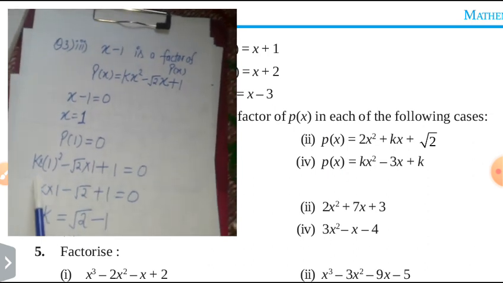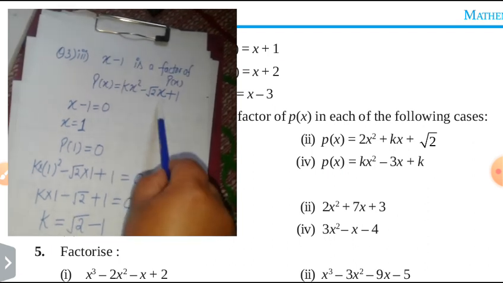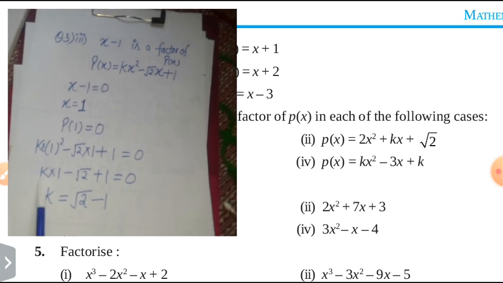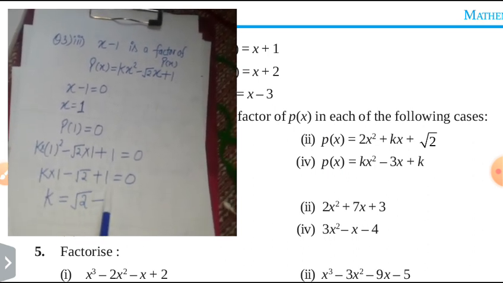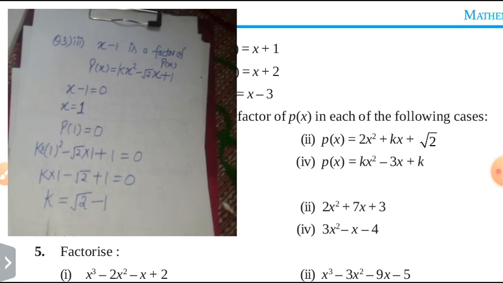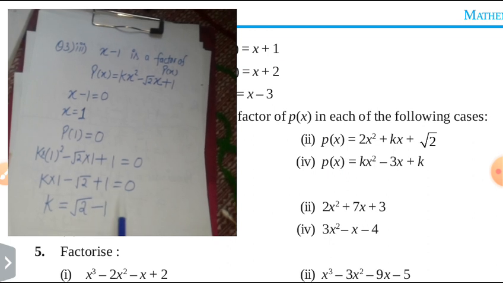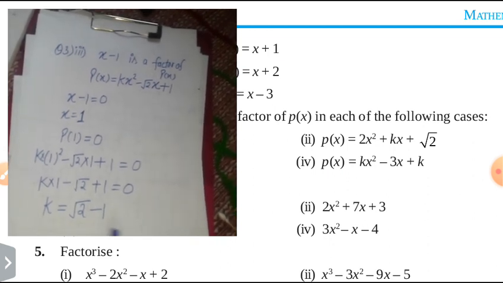P1 will be k into 1 square minus root 2 into 1 plus 1 equal to 0. Now k into 1 square equal to k, so k minus root 2 plus 1 equal to 0. These will shift to the other side of the equal sign, so it will be minus and plus. So this is the final answer of k.